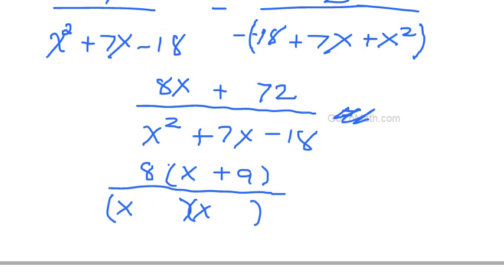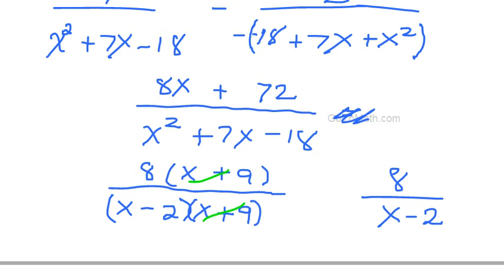Okay, so what do we have? We had minus 2 and positive 9, right? Negative 2 times 9 is negative 18. Negative 2 plus 9 is 7. And as you can see here, we can cancel these two guys out. And we will be left with 8 over x minus 2.